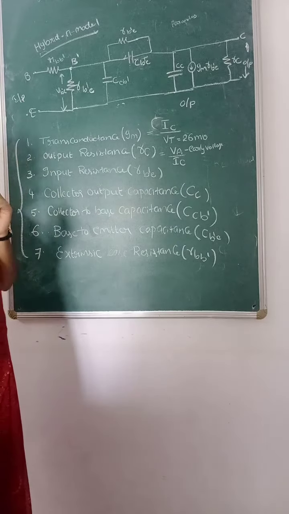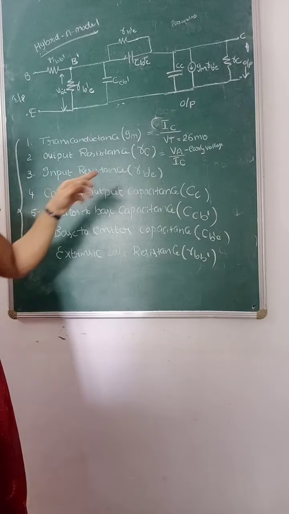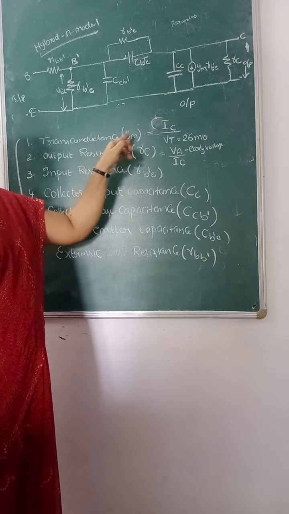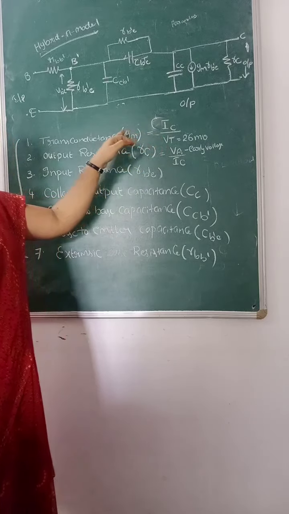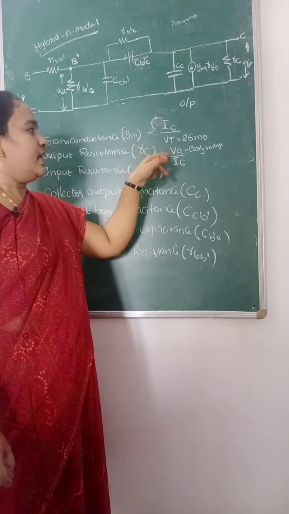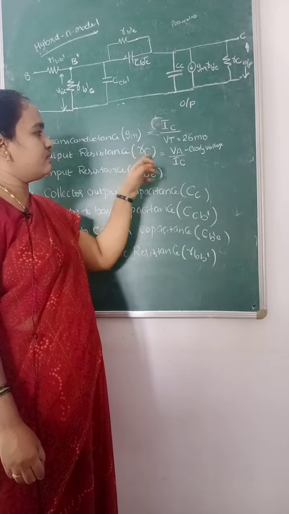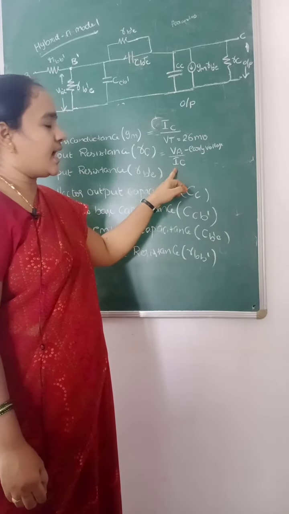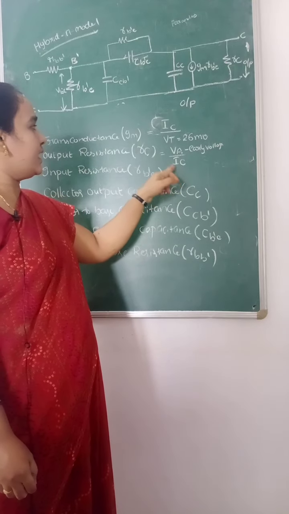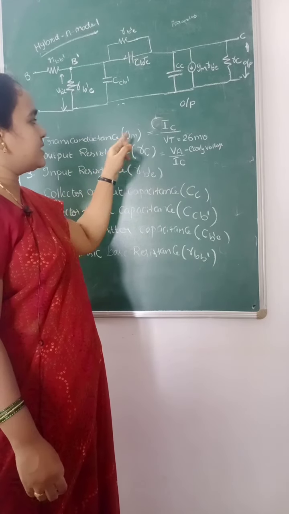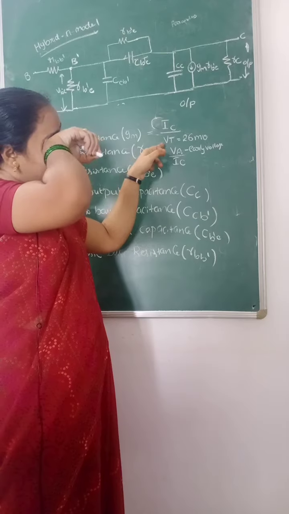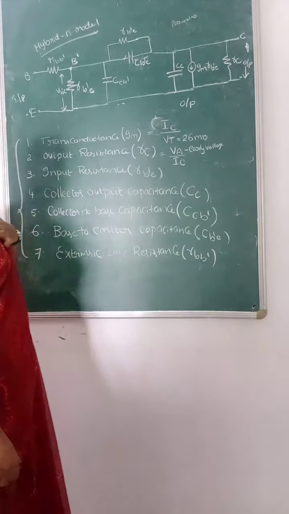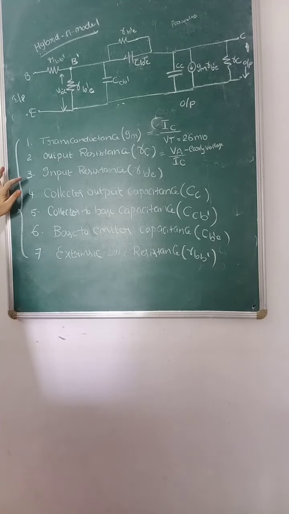It is the special parameter of any transistor divided by IC. Transconductance is the inverse of the resistance. Here in output resistance we have replaced with the early voltage Va divided by IC. IC is the collector current, and the transconductance is the collector current divided by threshold voltage, that is 26 microvolts.